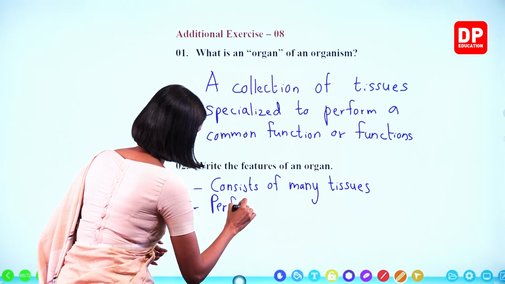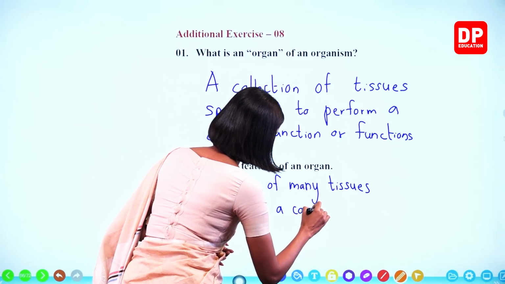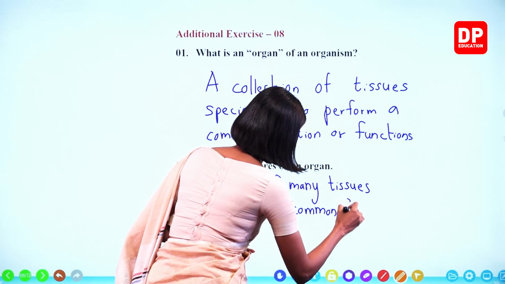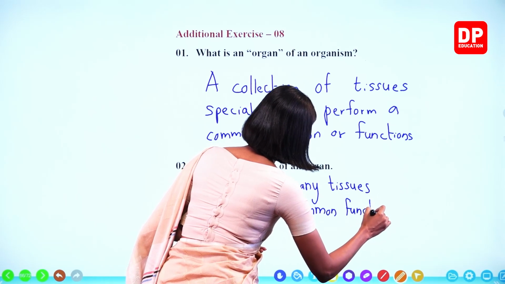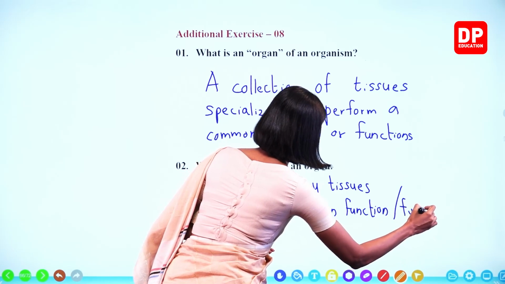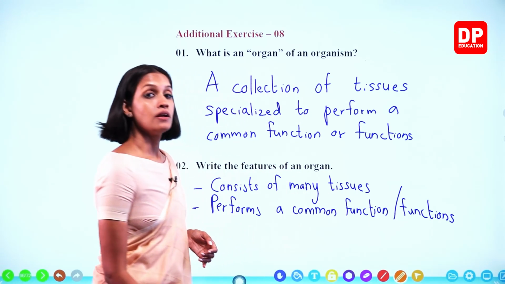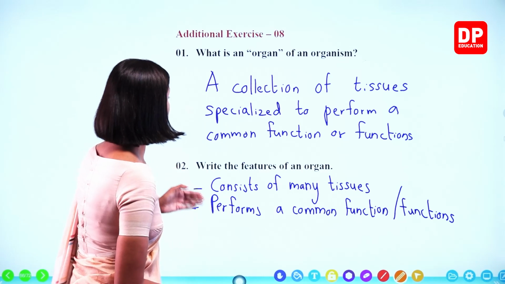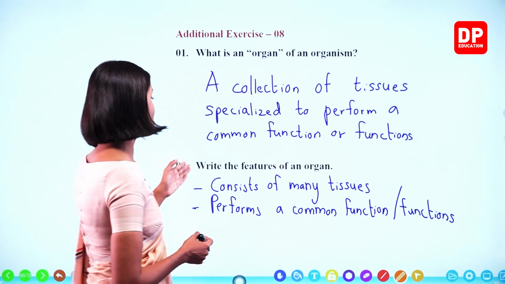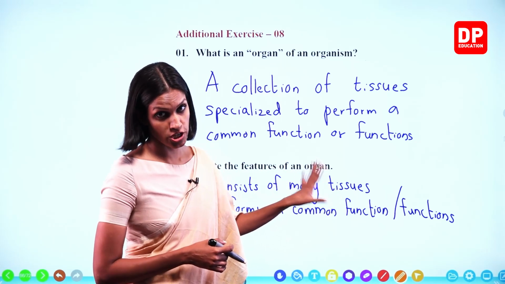Performs a common function or functions. Right, children? Write the features of an organ: consists of many tissues, performs a common function or functions.